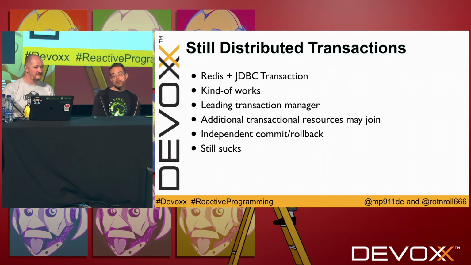That's at least how we at Neo4j got to work with R2DBC as well, because we wanted to write tests for our reactive transaction manager that is able to join the leading transaction manager or provides join points for a transaction manager. So I think it was a great work together on open source, right? It was, but still, commit and rollback are independent from each other. Yeah.